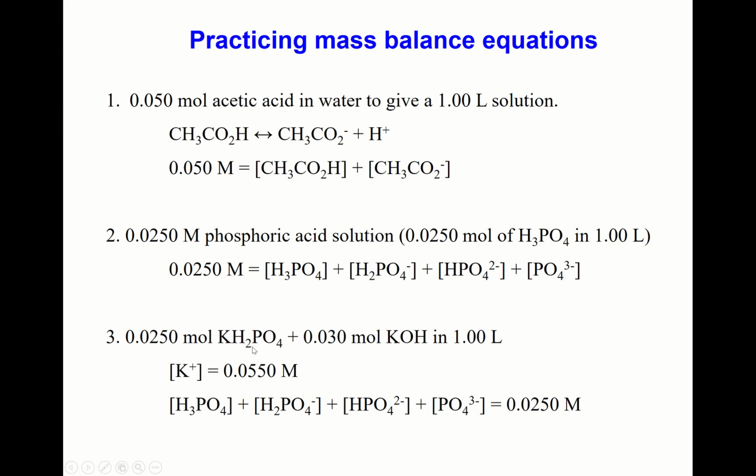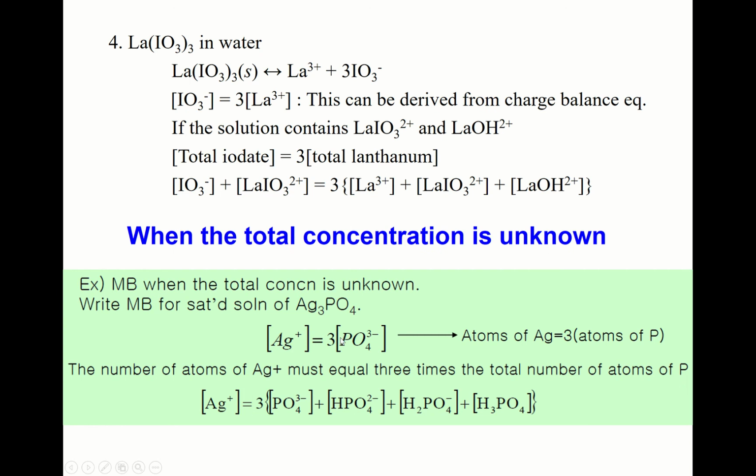But what about the phosphate? Although we start from dihydrogen phosphate, it dissociates in water and takes 4 species. So the sum of these 4 species concentrations is 0.025 molar. This is another mass balance equation in this case. Don't be confused at this.